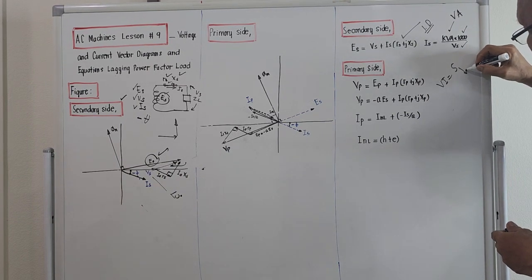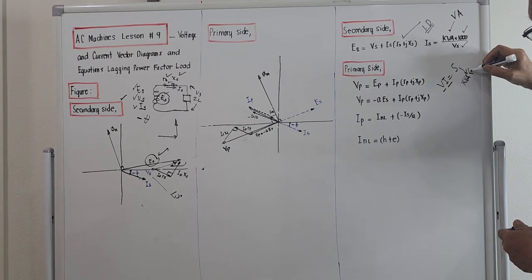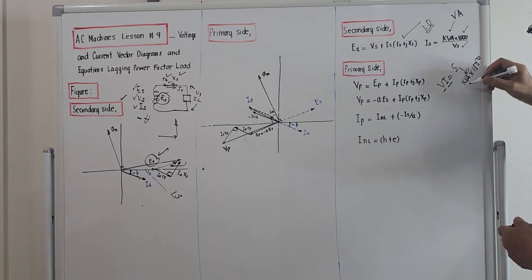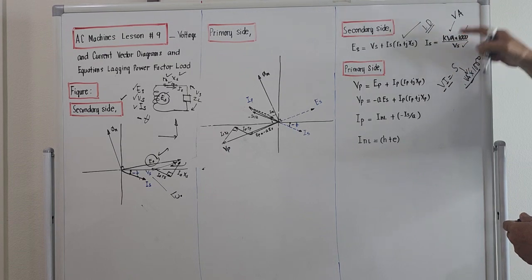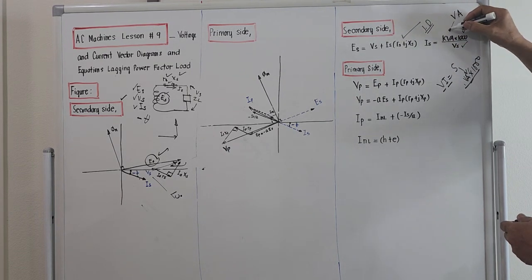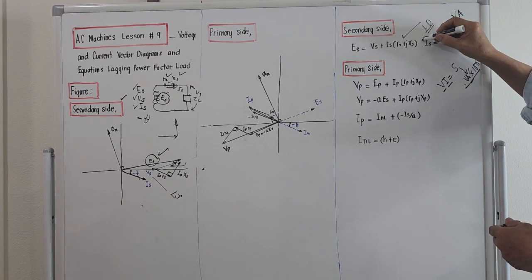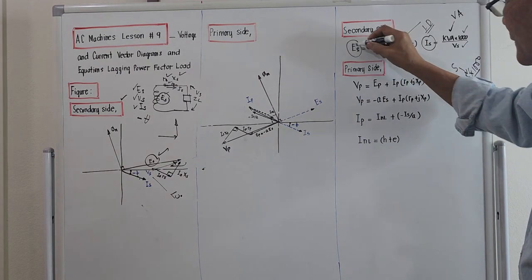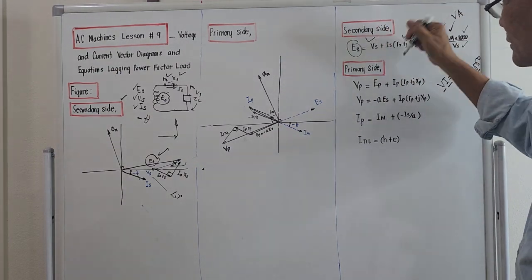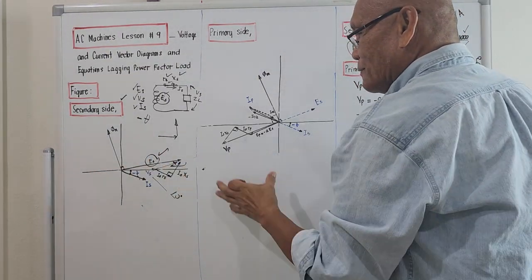And this apparent power is in terms of kVA, but this is only volt-ampere, so we must multiply this by 1000 for it to be consistent as a volt-ampere. So I sub S equals the rating of the transformer times 1000 over V sub S. So this is now the voltage and current relations considering the secondary side, and the vector diagram is this one.